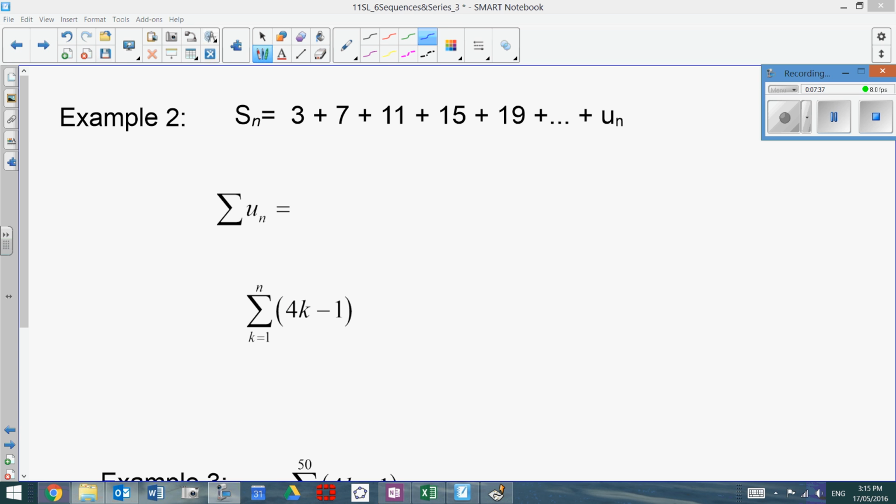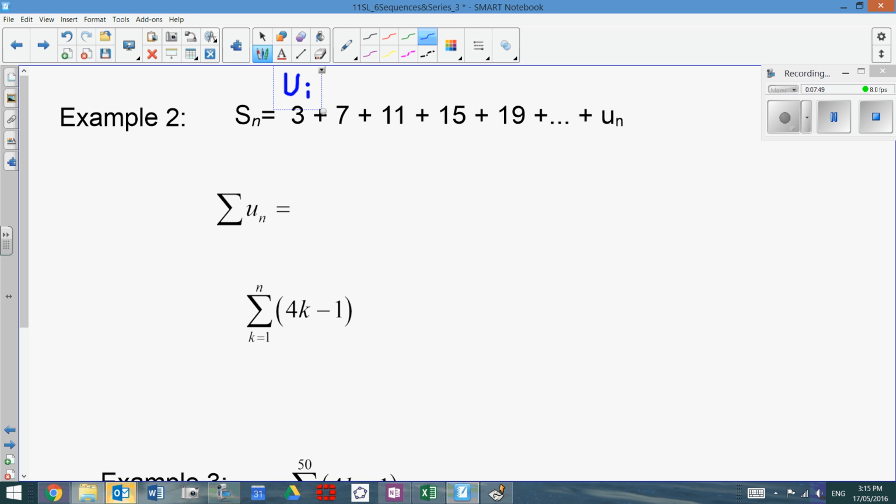All right, guys, so let's go ahead and link together what we've talked about today versus what we talked about last lesson. All right, when you're given a general series and you have a first term, so this is your u sub 1, and all of your terms after that, you can also tell just by looking at the sequence or series that you have a common difference of 4.